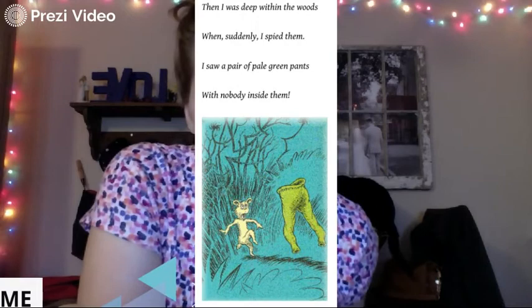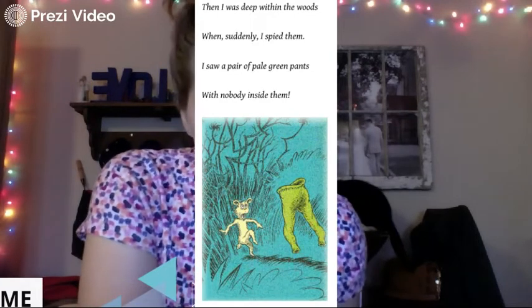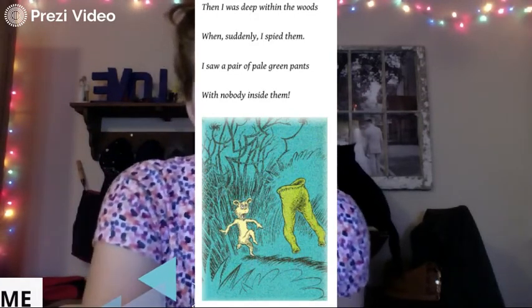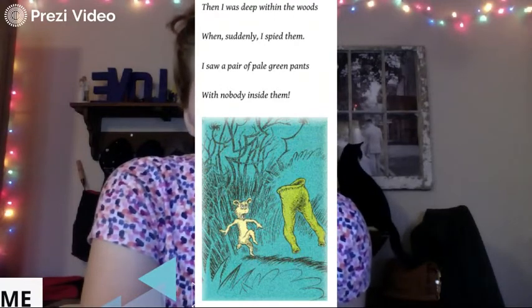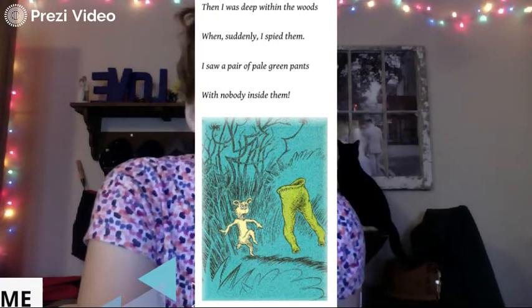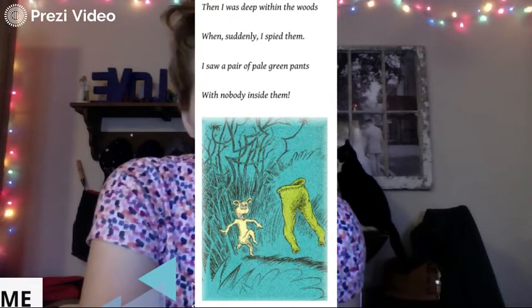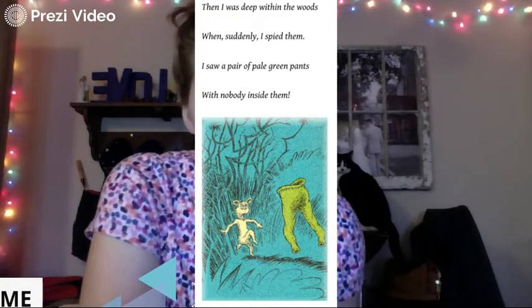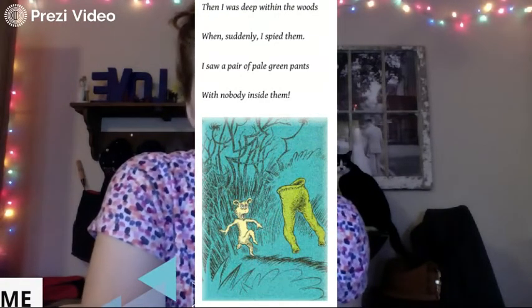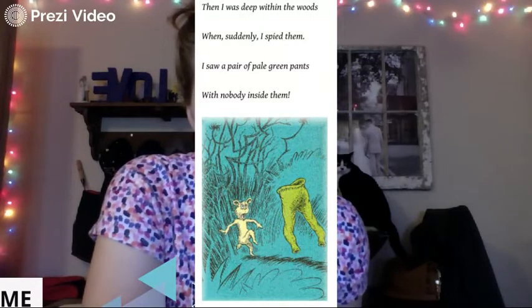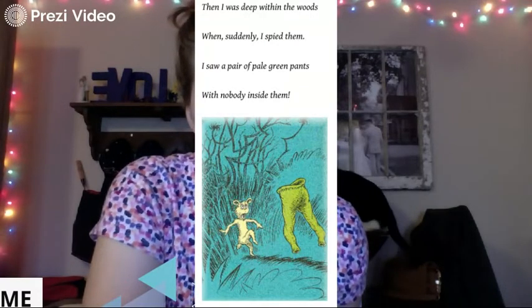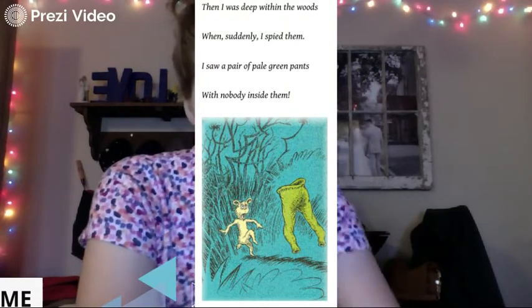Does pants rhyme with woods or them? No, it doesn't, so it gets another new letter C, with nobody inside them. Well, them from the second line and them from the fourth line are the same word, so they do rhyme and they do get the same label. They would both get the letter B. So our rhyme scheme this time is A, B, C, B.